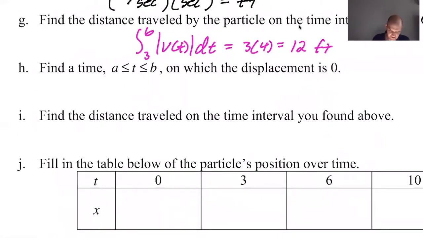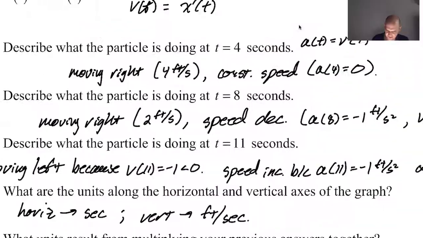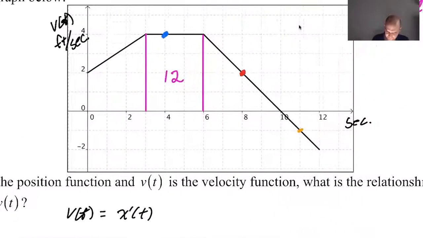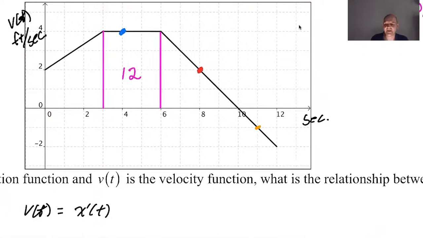Find a time interval on which the displacement is 0. So we need some canceling, right? If we go this way, you can see that we're going to have areas that cancel each other out.